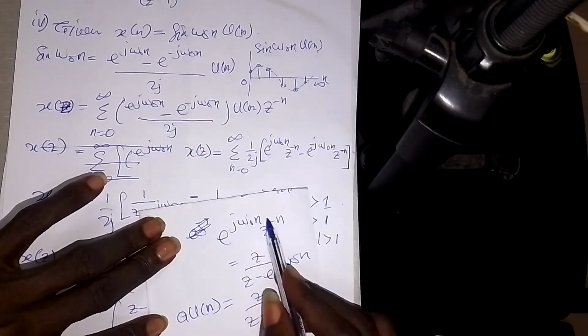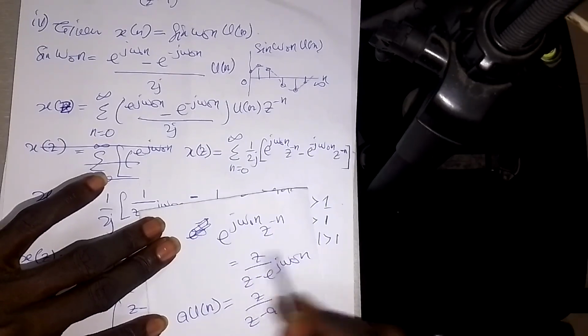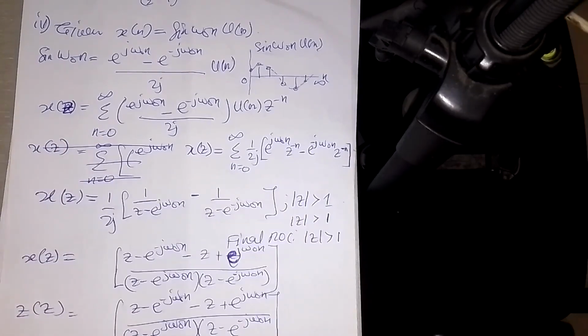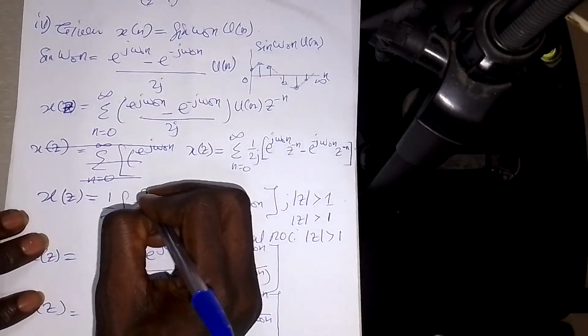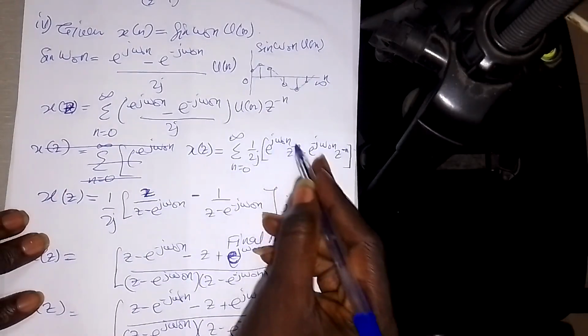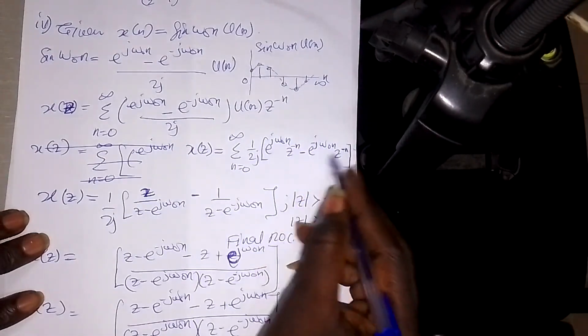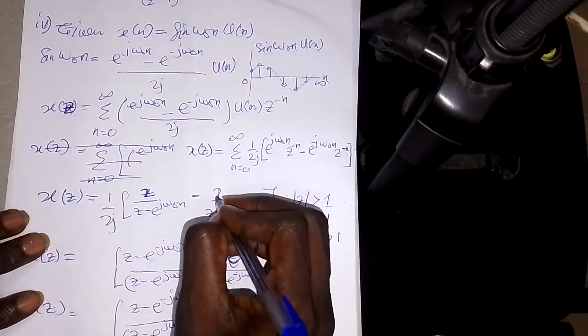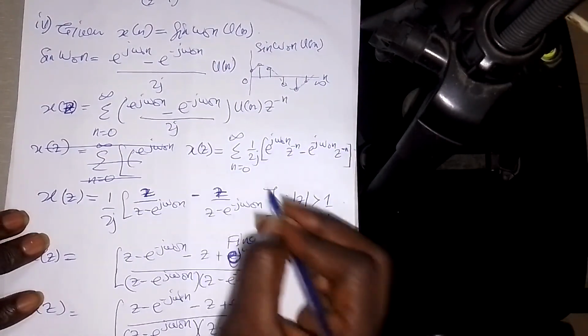So if you're looking for the Z transform of this one, it's supposed to be like this. So now here I'm supposed to bring Z here for the Z transform of this one, and the Z transform of this one, I'm supposed to bring Z here.